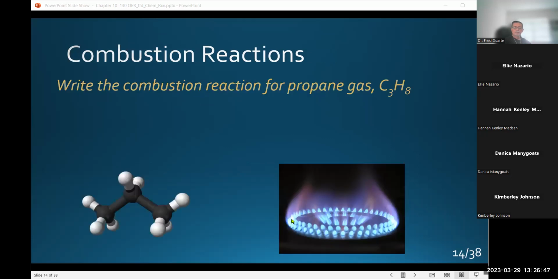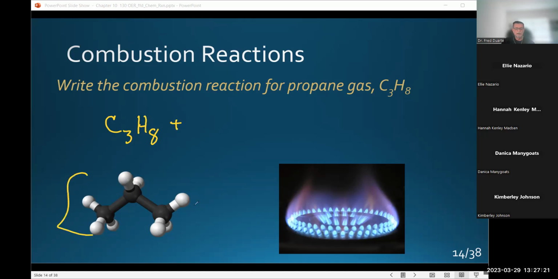Next one, combustion reaction. Here, the question is, write the combustion reaction for propane. The general formula for propane, the way it's written, is three carbons and 8 hydrogens, C3H8.